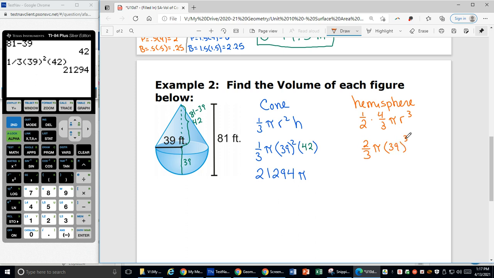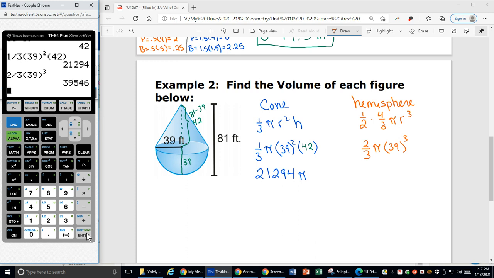So I'm going to put this in the calculator without the pi. 2/3 times 39, and then to raise to the third power, remember we use this little up arrow under the clear, and that moves my cursor up so I can put the 3 there. If I had something else to put in the calculator, I would just right arrow to move out of my exponent. But I don't, so I can click enter, and I get 39,546. And since I didn't put pi anywhere in my calculator, I still have to write the pi out to the side.